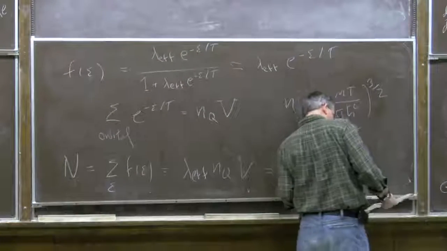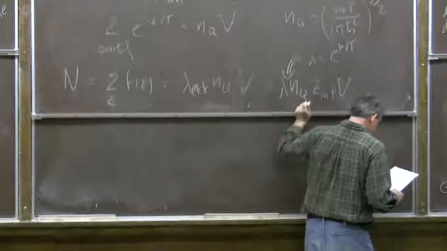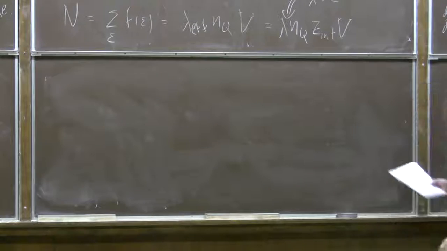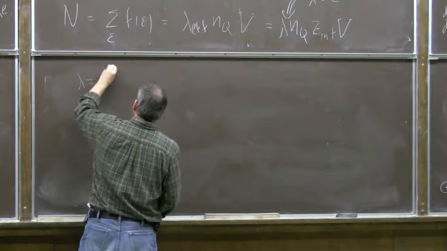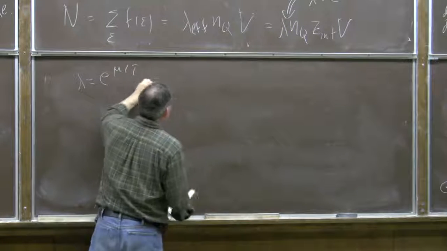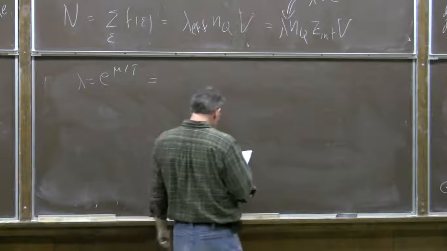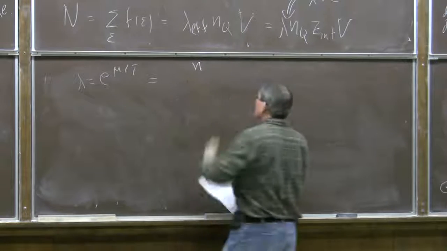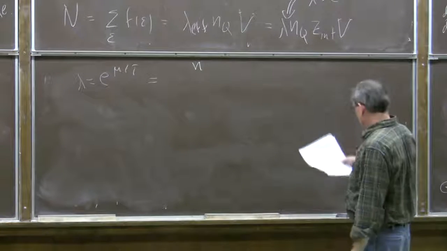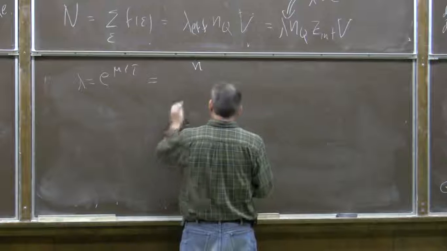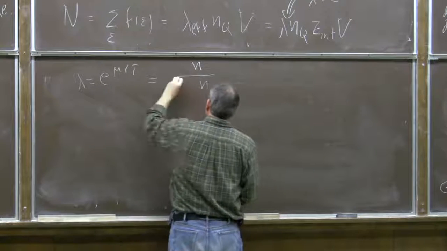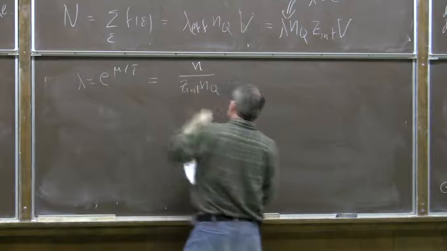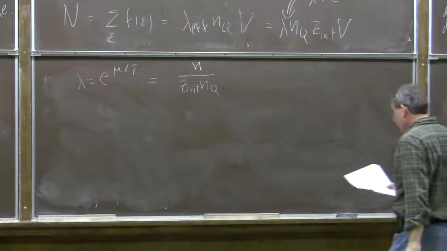Now the payoff is we'll get a modified expression compared to our earlier result for the chemical potential of an ideal gas. We have lambda, e to the mu over tau, equals concentration, number of particles per unit volume, divided by quantum concentration times internal partition function of the molecule.